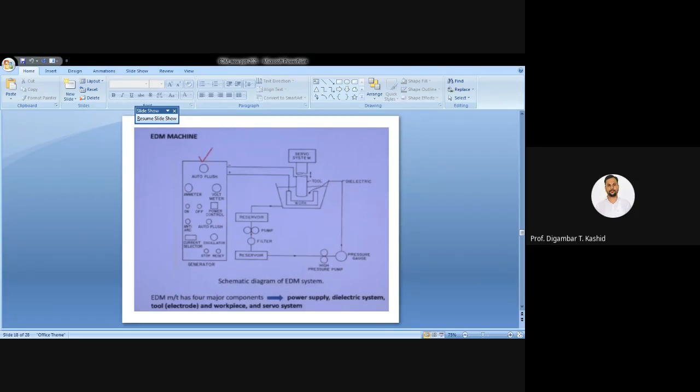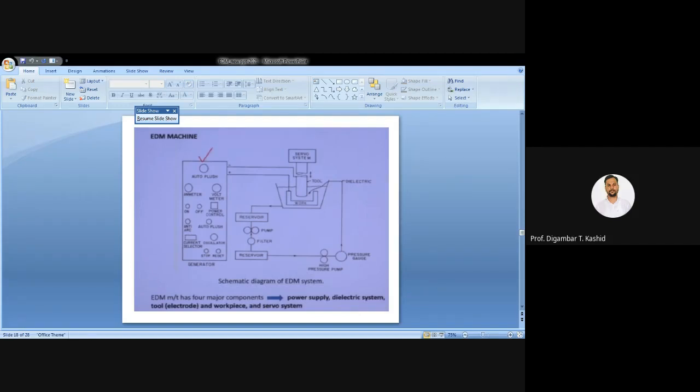It should have high dielectric strength, so it should not break down easily. It should remain electrically non-conductive even at a very high applied voltage, until the required breakdown voltage between the electrodes is attained.